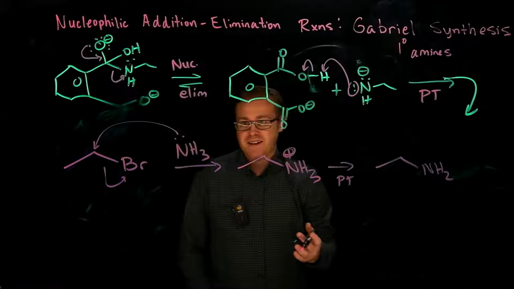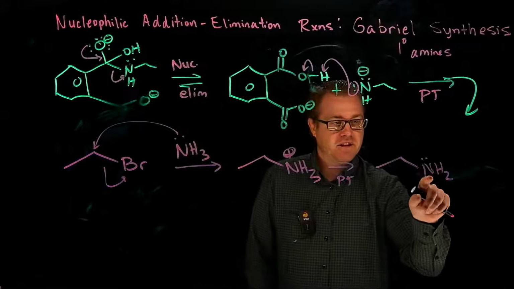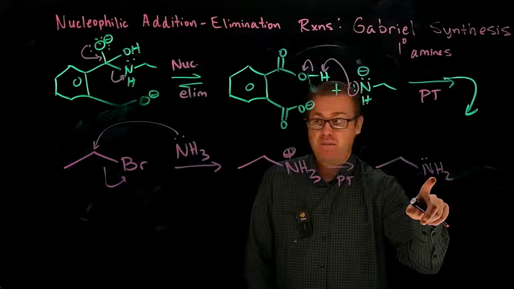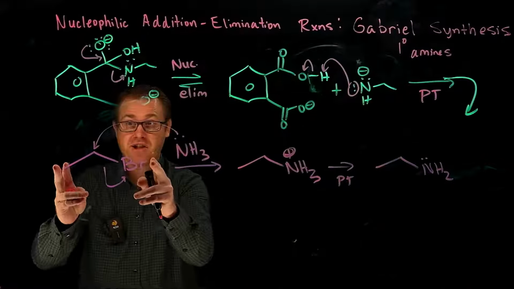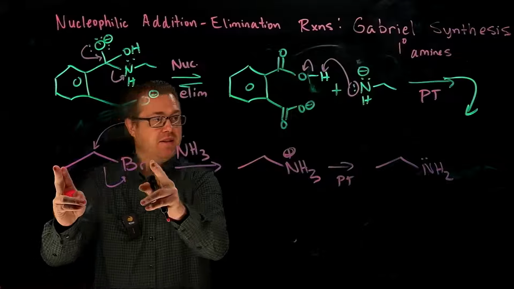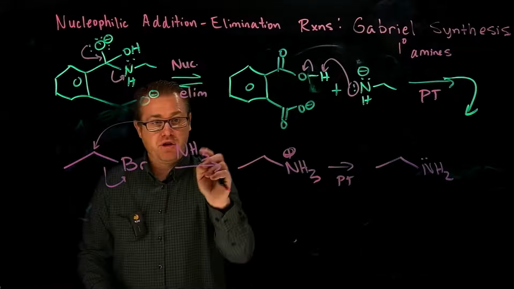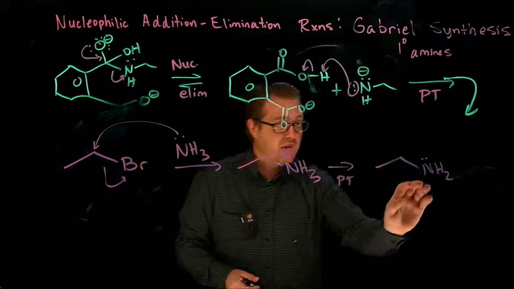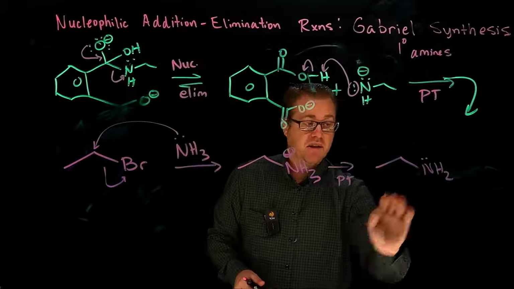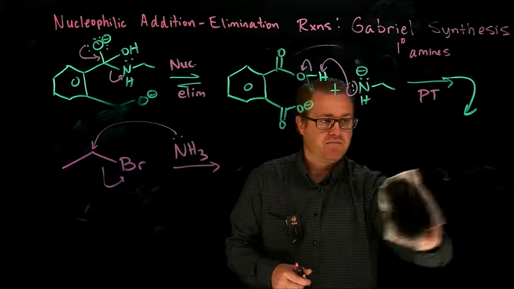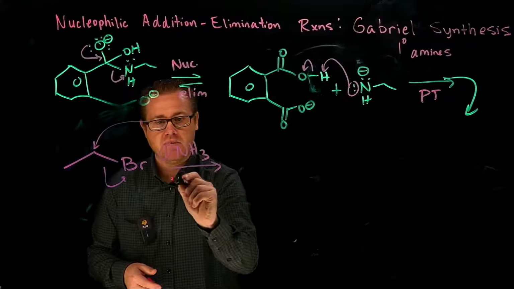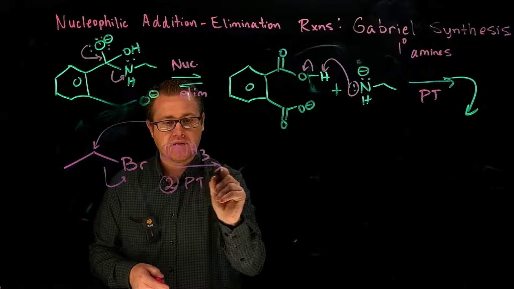But the problem is that when you generate that primary amine, that's a base. So that primary amine can react with the starting material. And so if you do this reaction right here, you're not going to generate just the primary amine, but you are going to generate, so let's do step 1. Step 2 is a proton transfer.